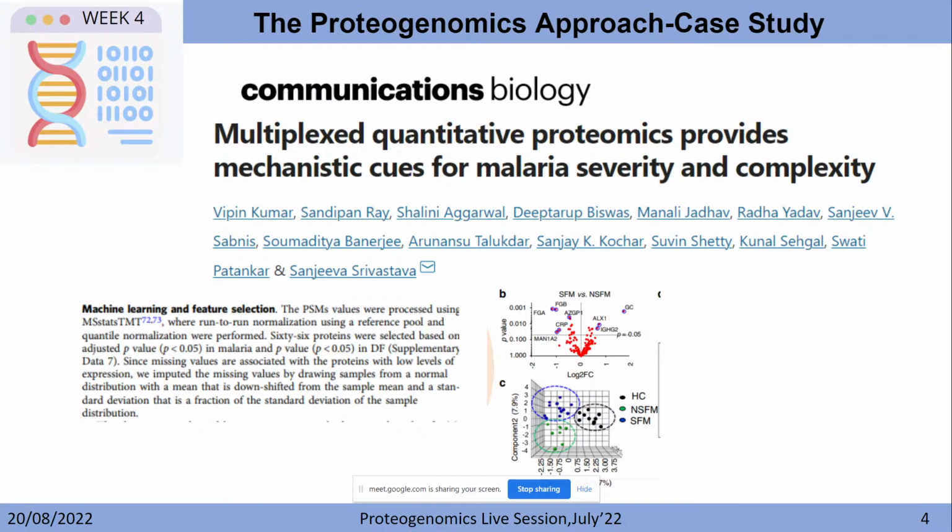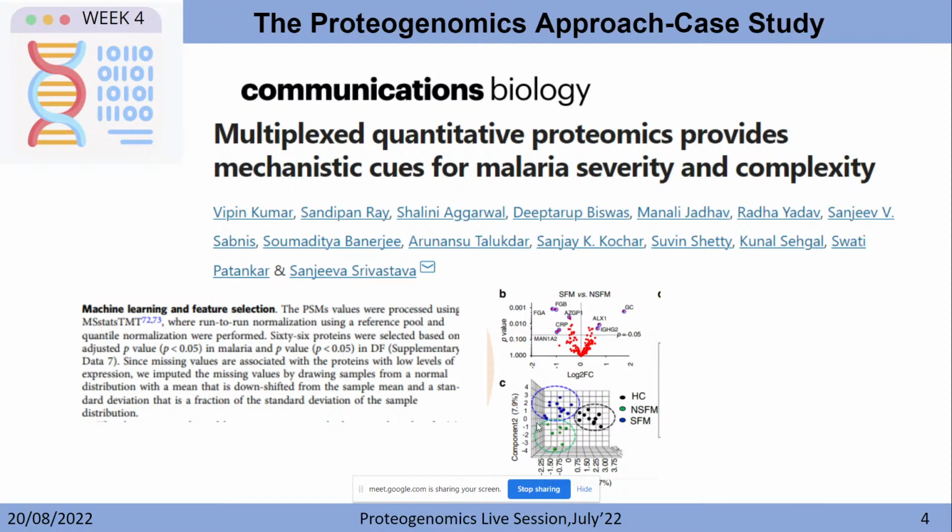So this study performed a quantitative proteomics study to identify why malaria varies in severity and complexity. Here you can see the severe falciparum malaria and the non-severe malaria, and again a volcano plot was performed, and there are different proteins found to be upregulated and downregulated in both cases.